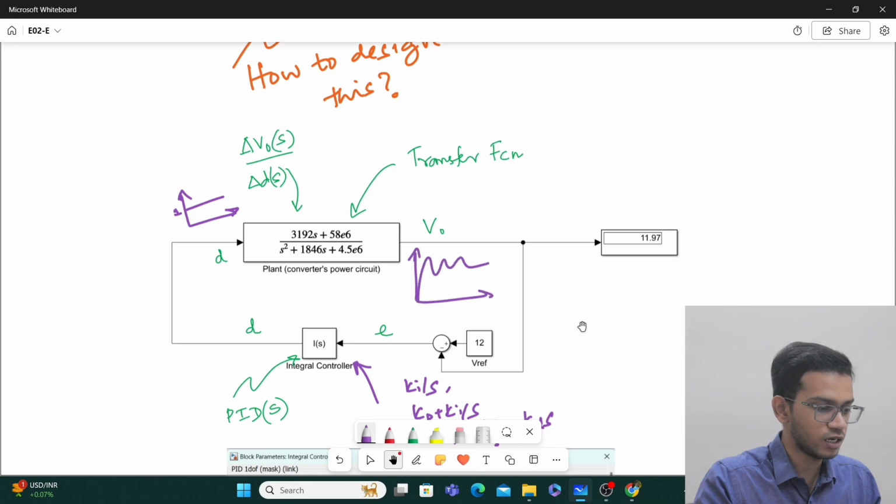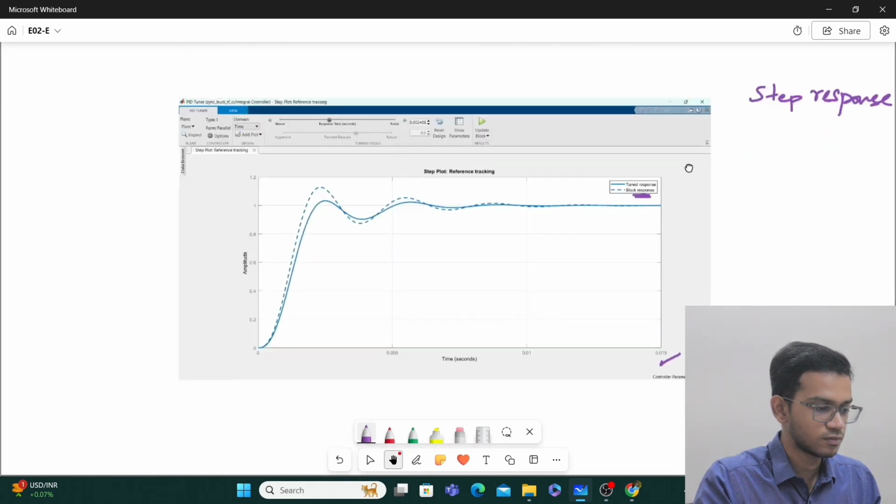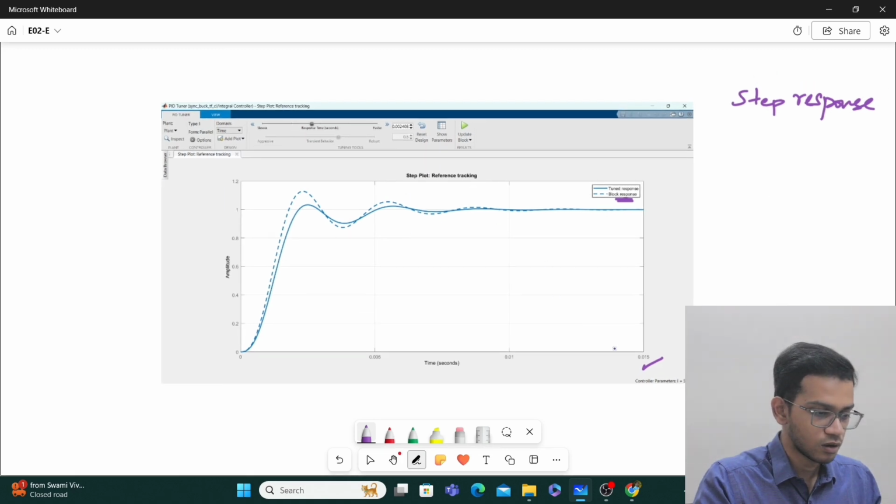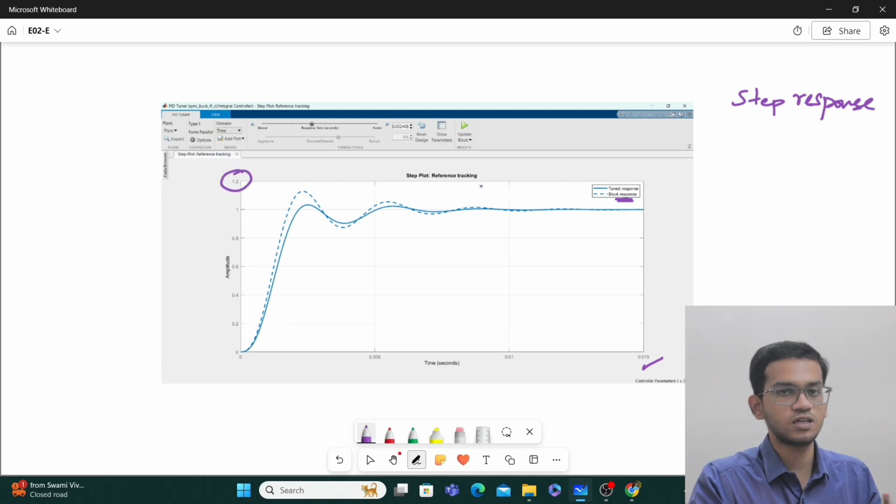That output looks something like this. Now, this dotted is the block, this bold is the tuned response. So I will also check whether my maximum peak overshoot lies within the range. It is lying within the range here because it is lesser than 120%. This is 120%. It is lesser than 120%. So my specifications are satisfied.